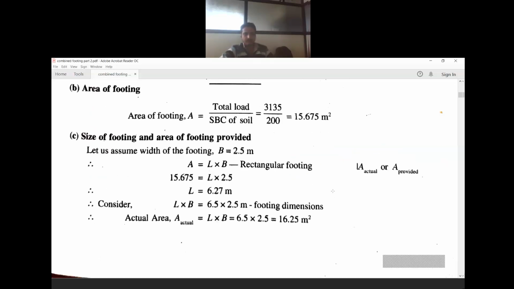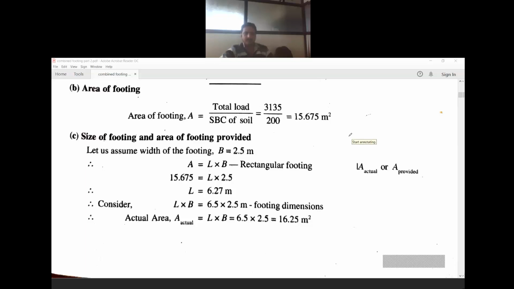So basically what we need to do here is assume the width of the footing, and then we shall calculate the length of the foundation. How to assume the width of the footing? There is one small concept which is a general knowledge concept.